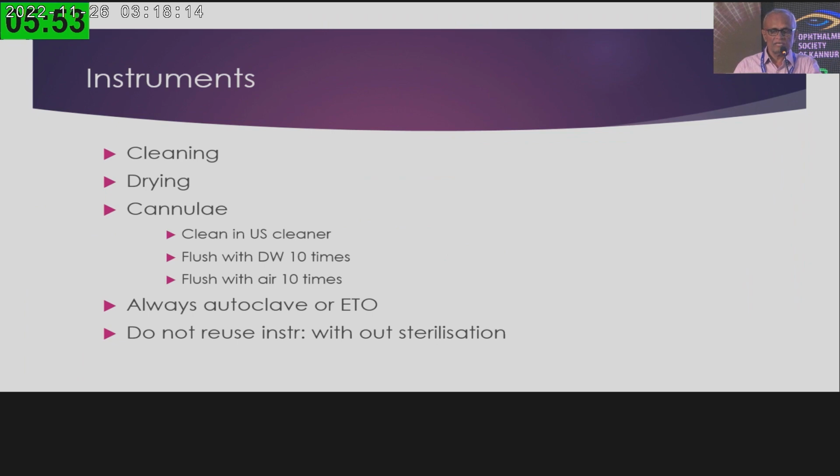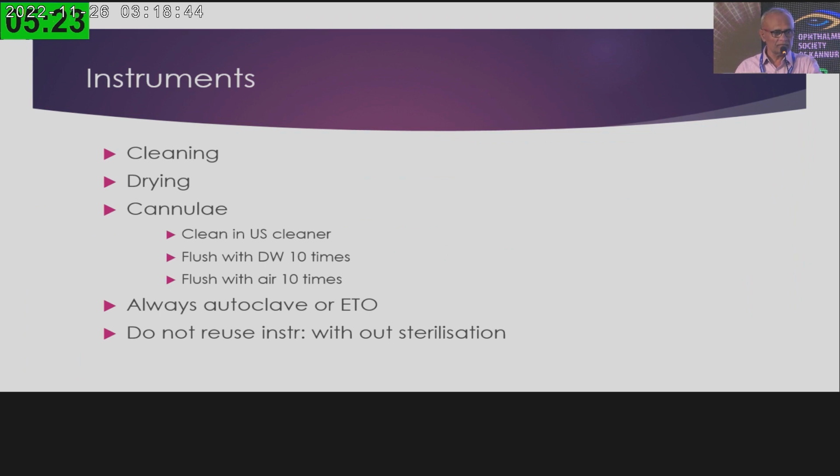Cleaning of instruments is important, and all instruments should be dried before processing. All cannulae and all hinged instruments have to be cleaned in an ultrasonic cleaner, but care should be taken not to mix different types of instruments. Chromium plated instruments should not be mixed with titanium instruments, because there can be electrolytic deposition. The cannulae should be flushed with distilled water.